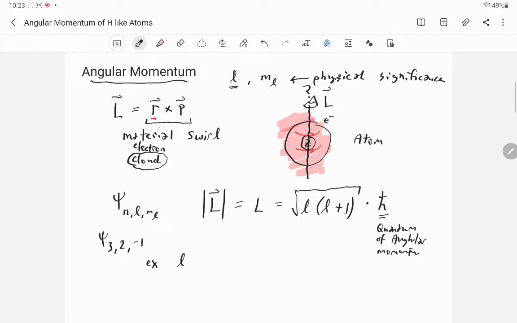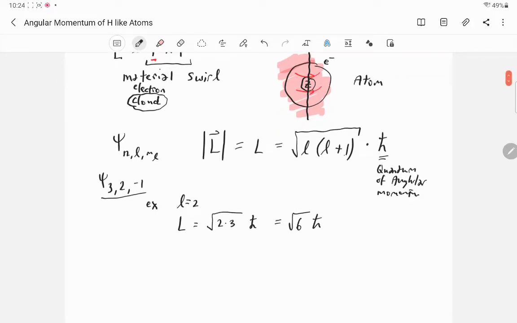Since L equals 2, we can say immediately that the magnitude of the angular momentum for this atom's state is equal to the square root of 2 times 3 times h bar. So square root of 6 h bar. That's the value of the orbital angular momentum.